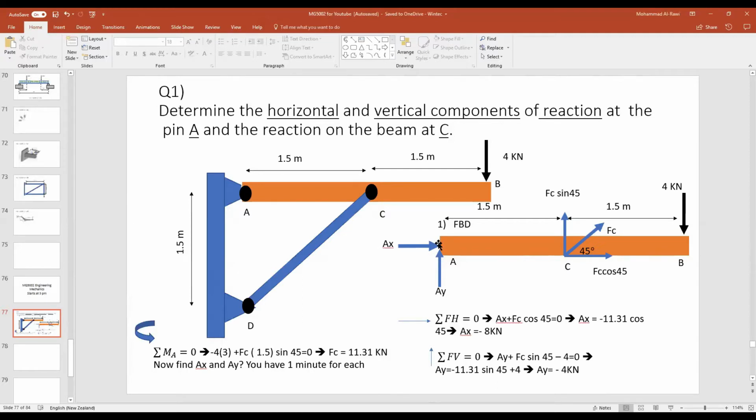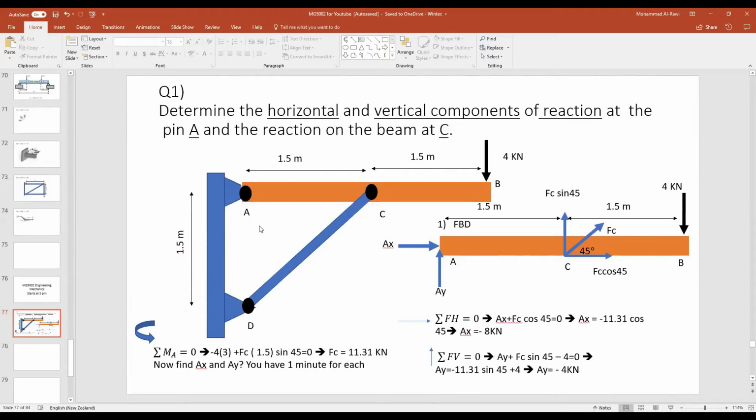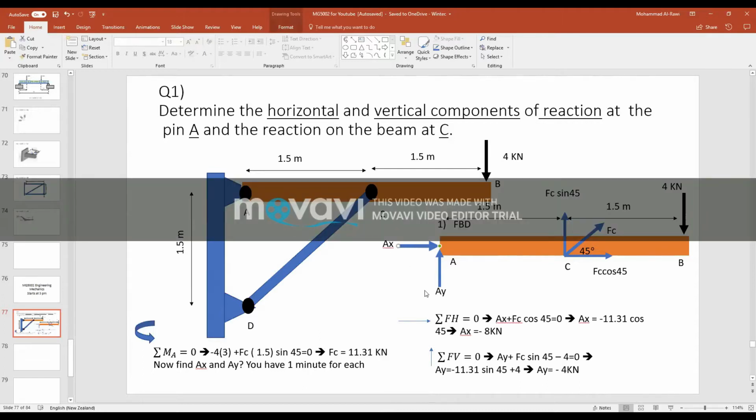Don't be afraid of that, because we have solid information here, which is the 4 kilonewtons, the only one I put in black to show you that this force is going downwards, and the rest is all by assumptions based on the structure, how the geometry works. Even if I assume it that way, that's how it works. But see, I don't need to go back and correct it.